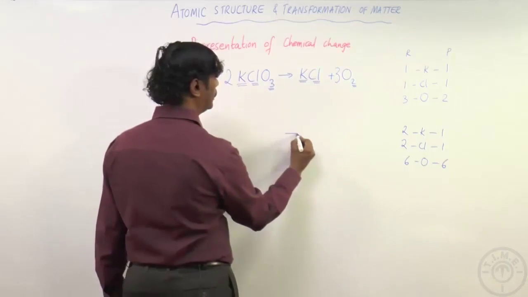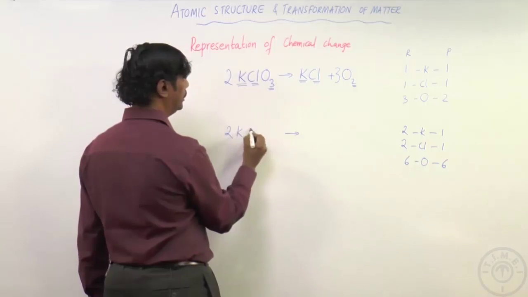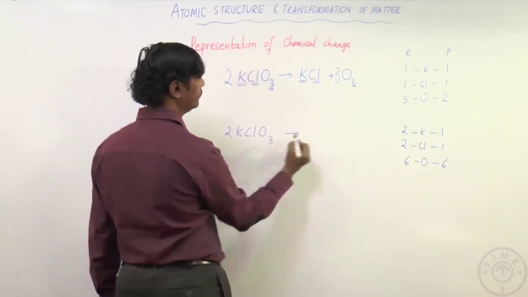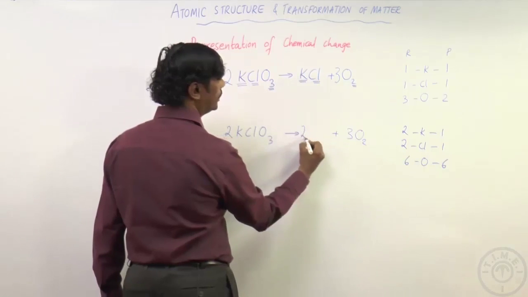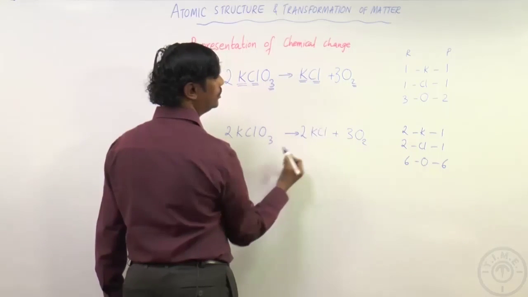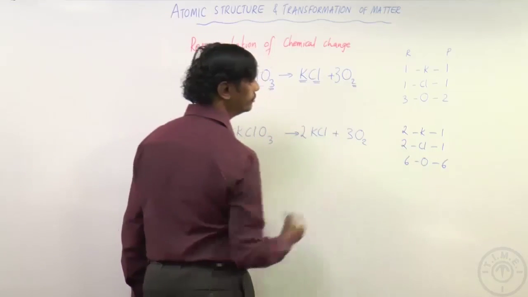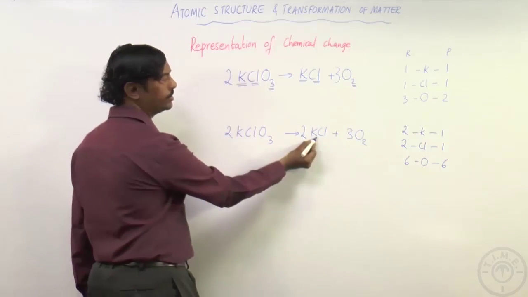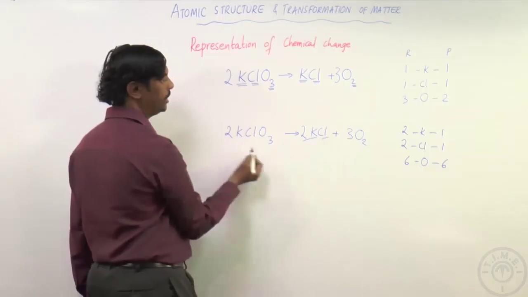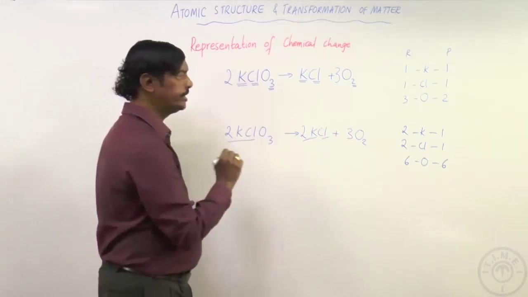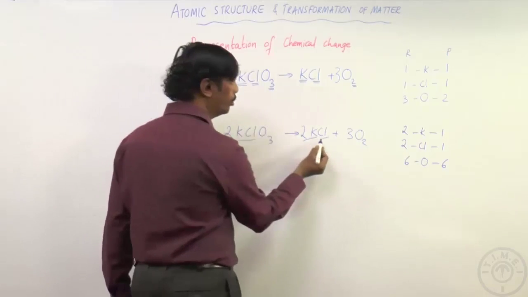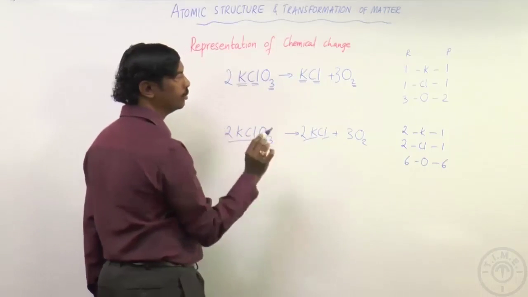If I have to make this 2 KClO3 balanced on both sides, that 3O2 is there. If I put a 2 KCl, it would be useful for both potassium and chlorine, is it not? The potassium is also made 2, chlorine is also made 2, and both are 2 on the reactant side. So, with just one step, we have both potassium and chlorine balanced on both sides.